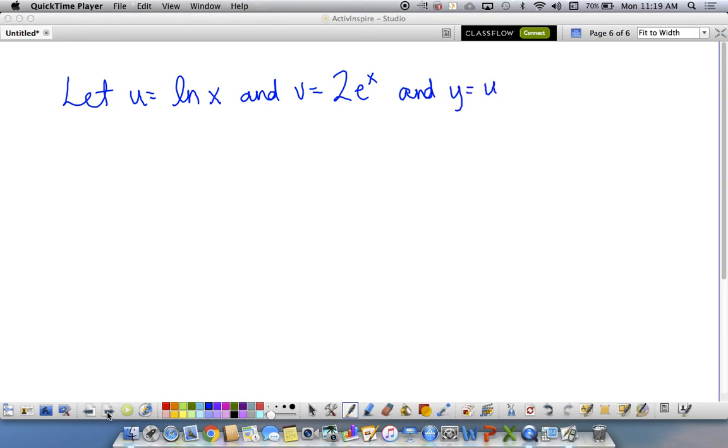What about, let's let u equal natural log x and v equal 2 e to the x. And y equals uv. So there's just another way to write this.